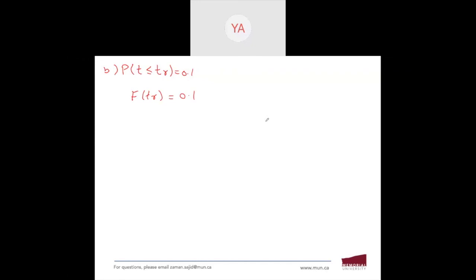If you try to visualize this problem, what he's saying here, if this is my normal distribution, this is my mean value here, and he's saying that it is the 10% of the total, so it will be something like here. So he's asking us to find out this area.